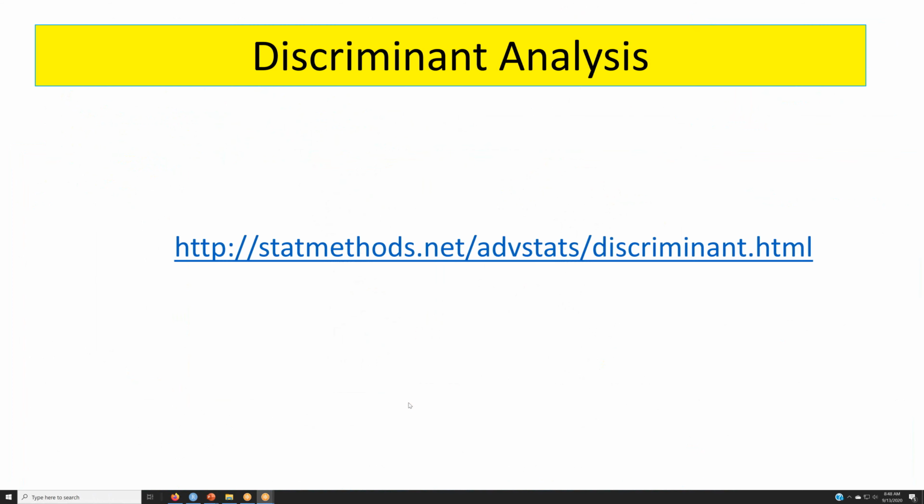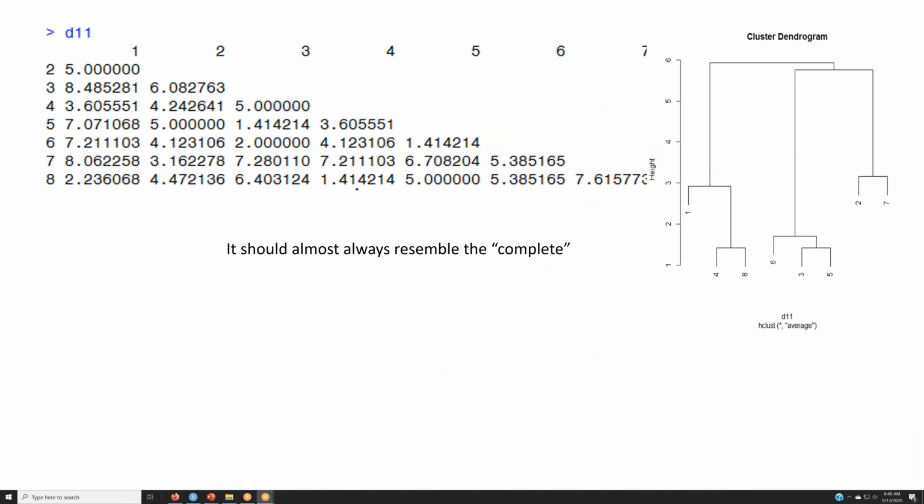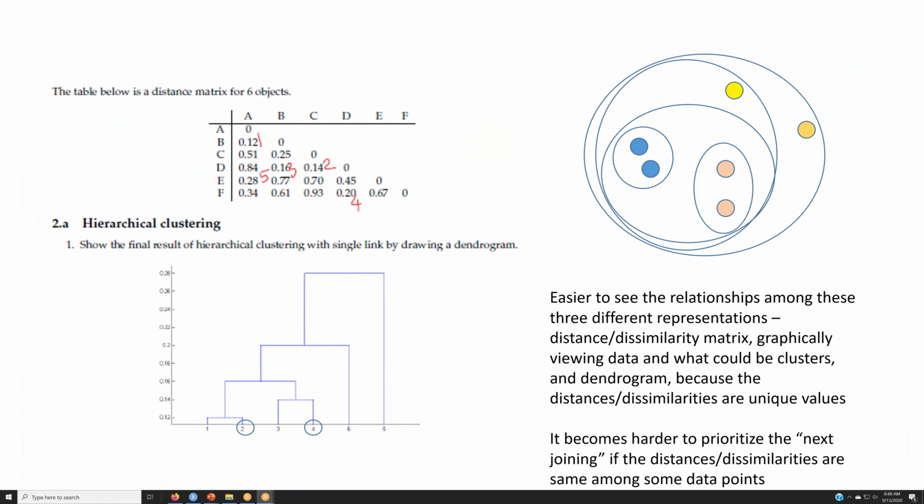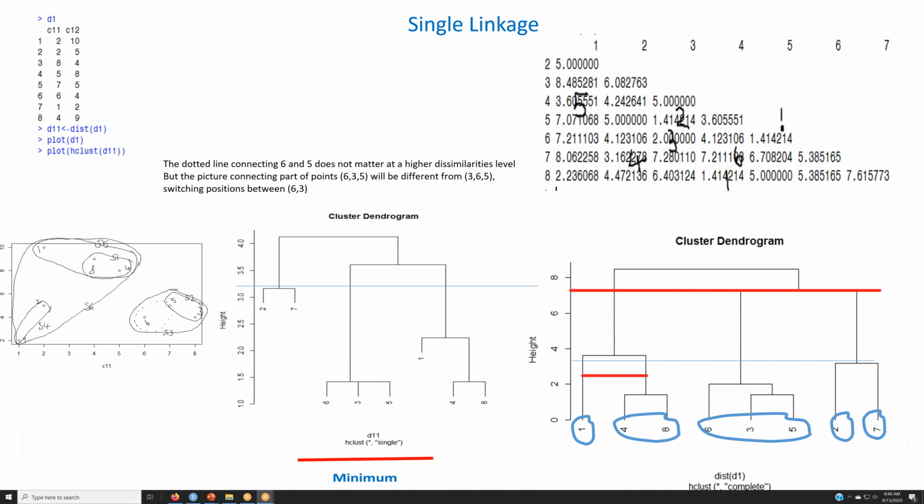Yeah, there is one smaller example I have. That's the reason why I wanted to pull up this example.